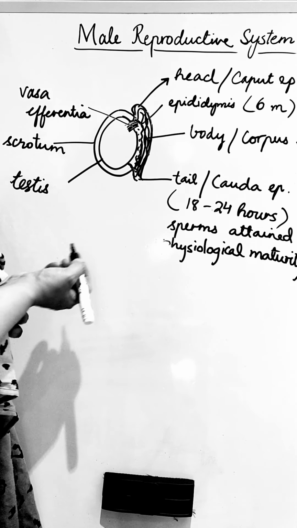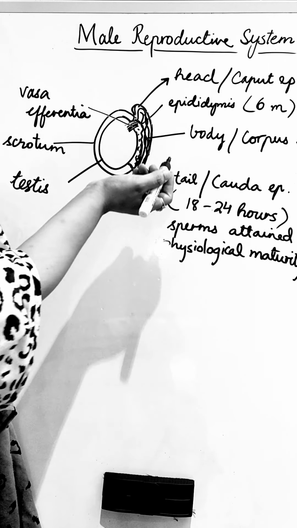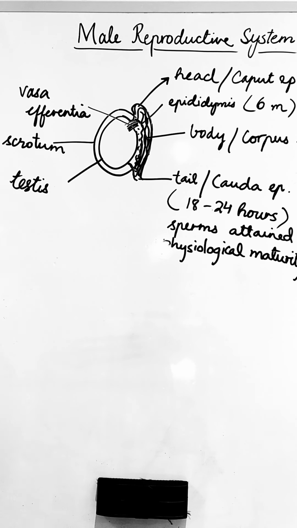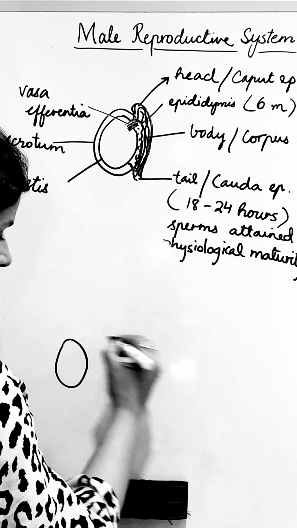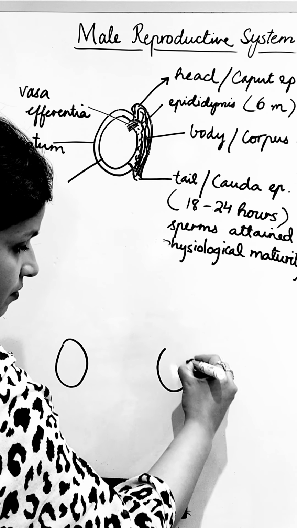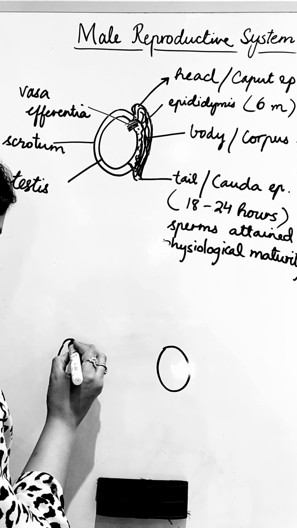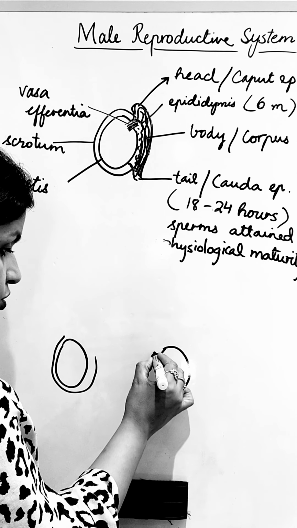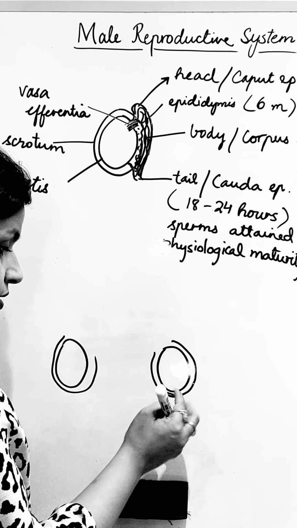Now I will tell you the different structures that participate in the conduction of sperms. These are the two pair of testes, which are surrounded by the scrotum, or scrotal sac.